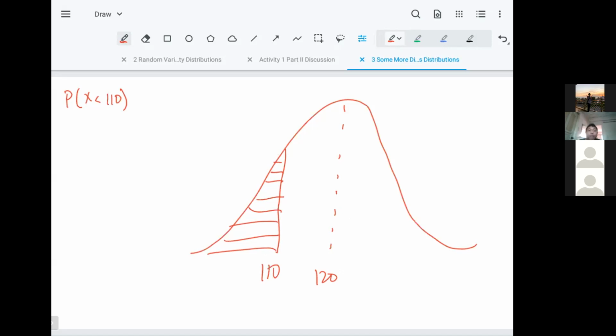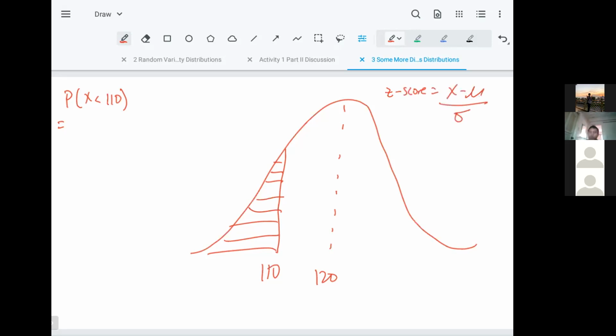So yan, but this is the problem, an area problem. So we introduce new steps specifically for the normal distribution. The first step is to calculate the z-score of 110. What's the z-score? So z-score is just x minus mu over sigma.